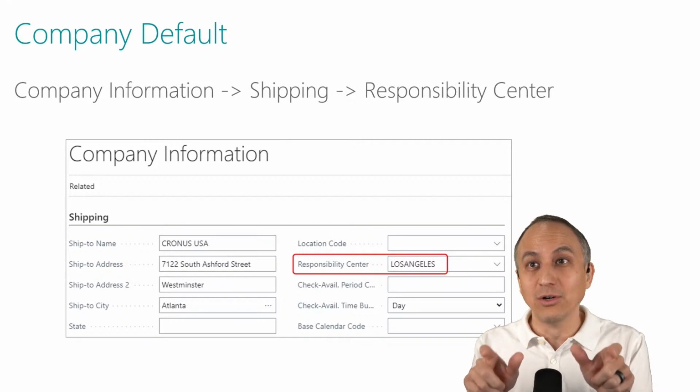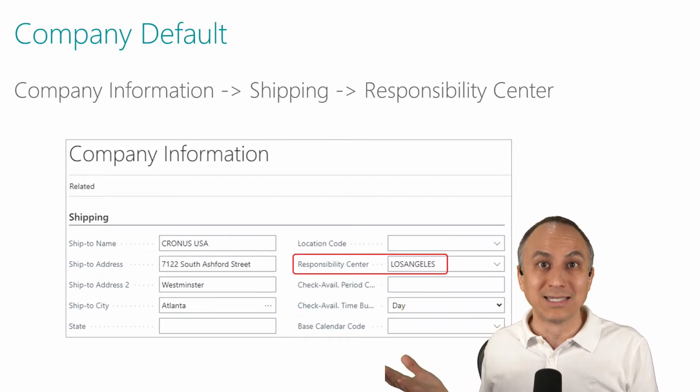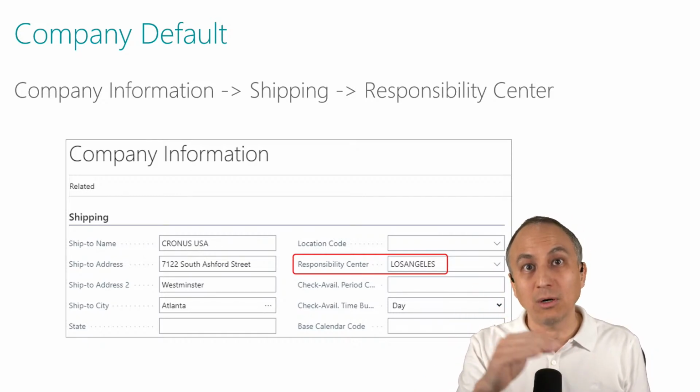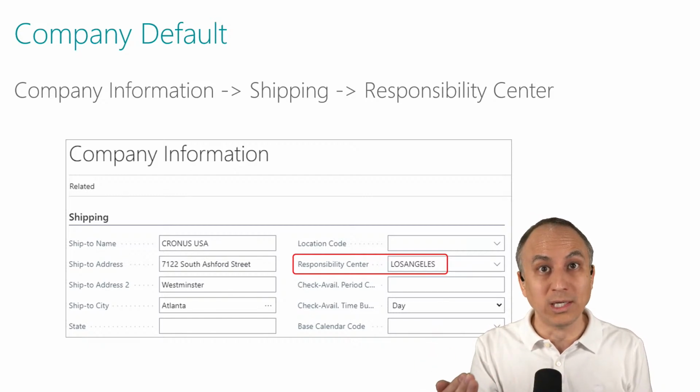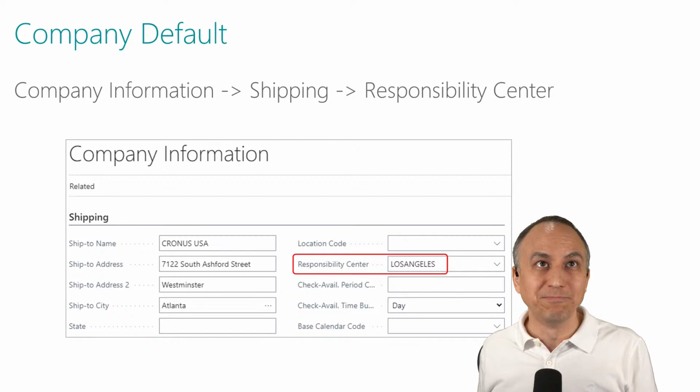So you can define those two values there. In this case, I set up a hypothetical one of Los Angeles with a Los Angeles address like a warehouse, and that location could have shortcut dimension 1 and 2 defined there. So I can set that at the company level.